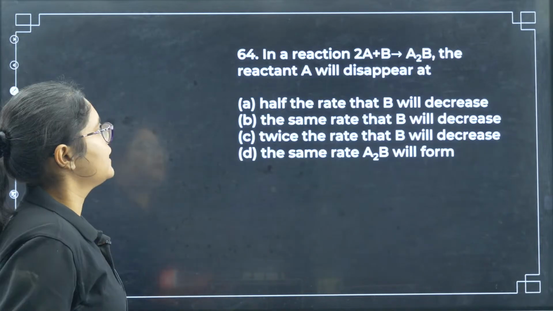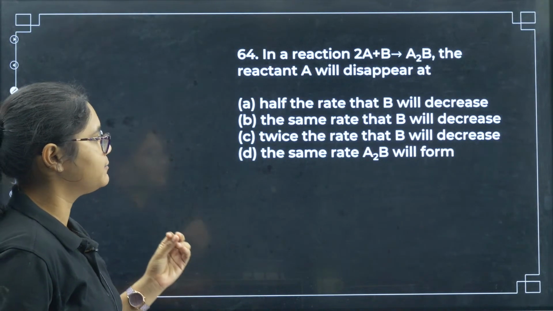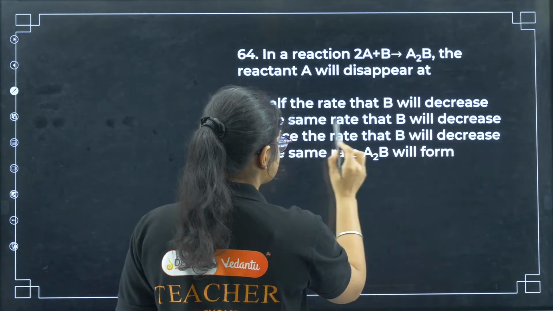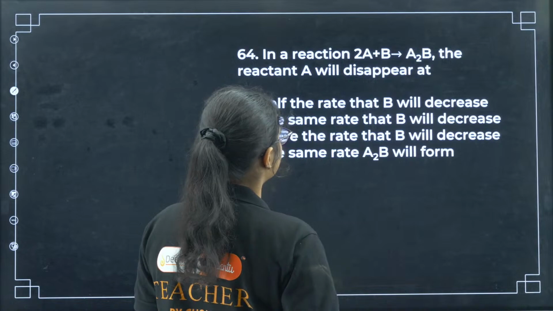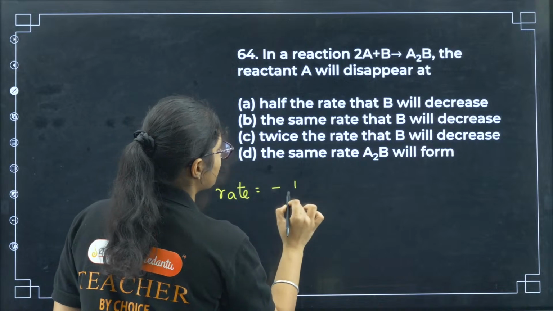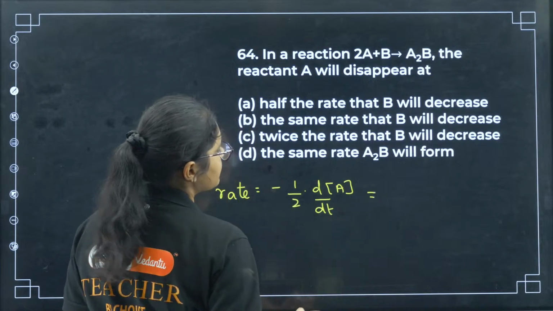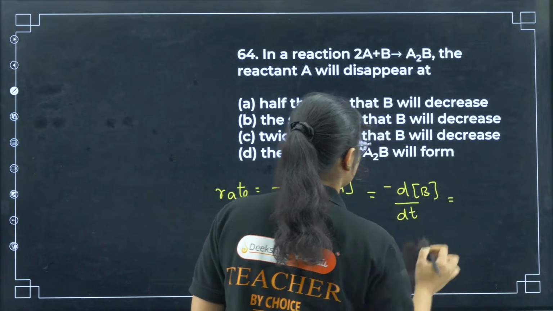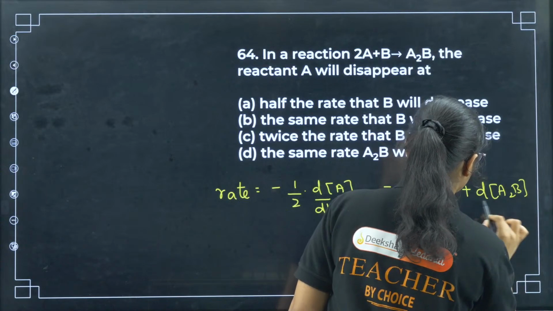Next, in a reaction 2A plus B gives A2B, the reactant A will disappear at half the rate that B will decrease, the same rate that B will decrease, twice the rate that B will decrease, or the same rate as A2B will form. So I can write the rate is equal to minus 1 by 2 of dA by dt, equal to minus dB by dt, equal to plus dA2B by dt.